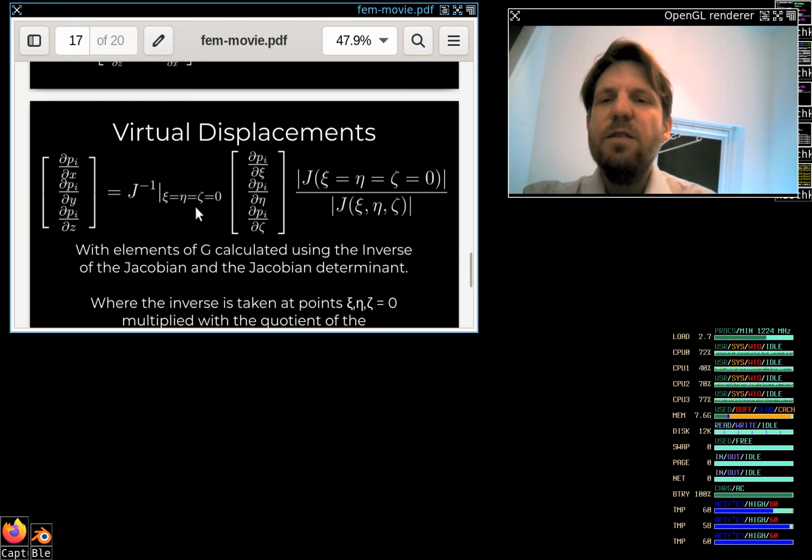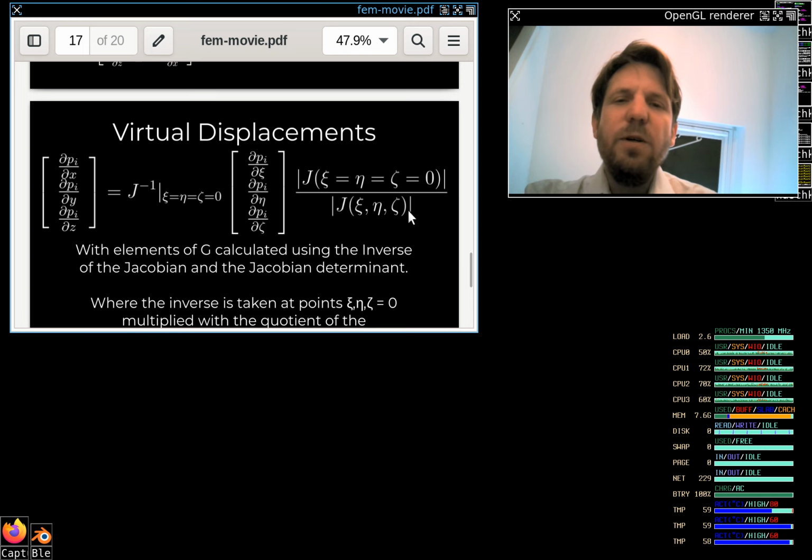But here you take it at 0, and then you multiply it with this factor. So this here is the determinant of the Jacobian at 0, divided by the determinant at the current point that you're evaluating. In the other way, you just take the current point, you evaluate this with -1, and you get this. But here we do this trick in order to get these little derivatives.